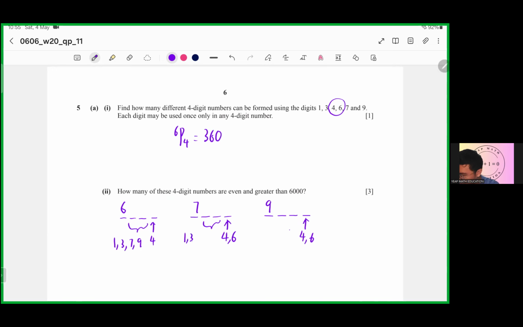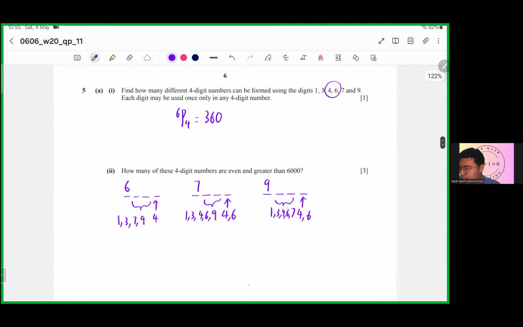Okay, 1, 3, 4, 6, and 7. Okay, you see, if I already used 6, this number cannot use again.